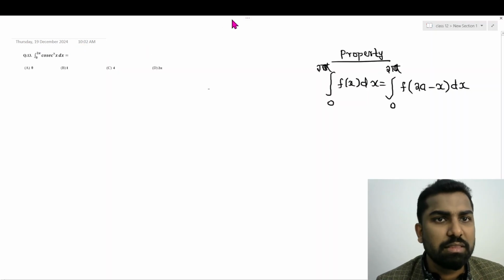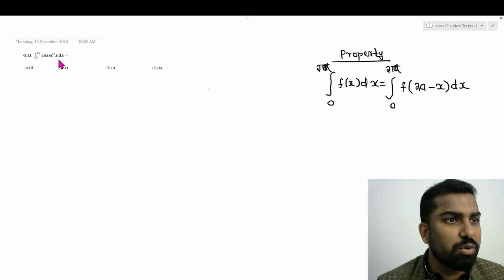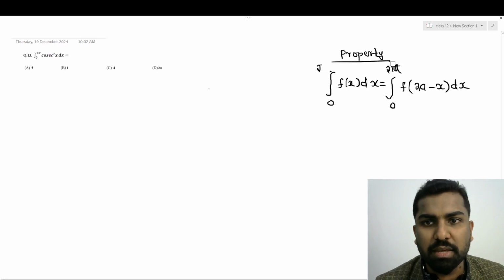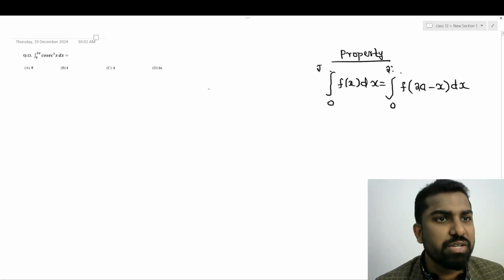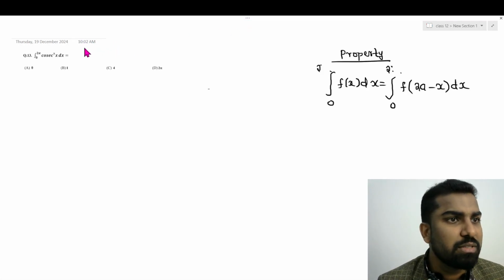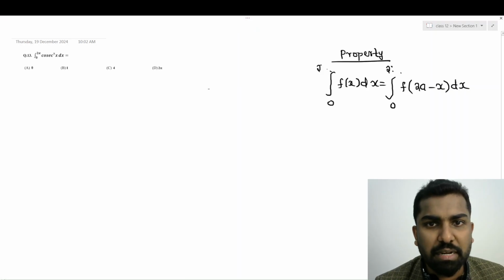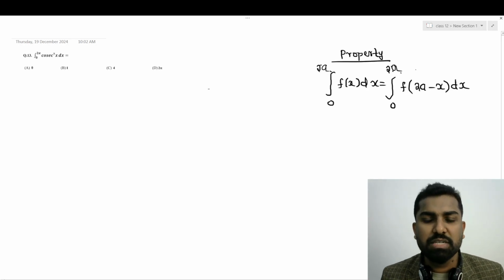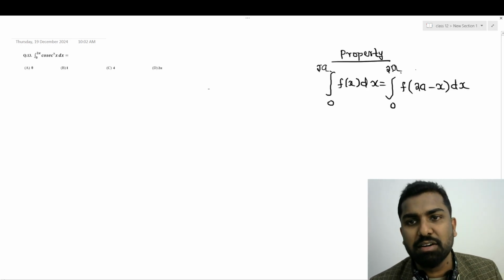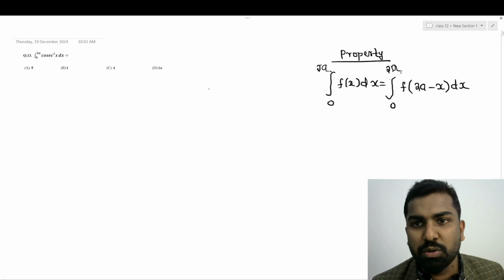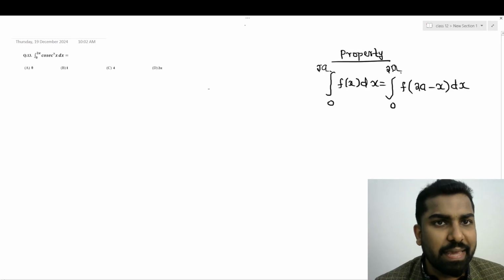if I am using this integral of 0 to 2a property here, this expression will change, right? How will this expression change? Integral of 0 to 2a f of x dx will be equal to integral of 0 to 2a f of 2a minus x dx.